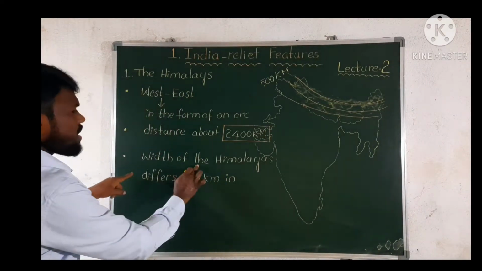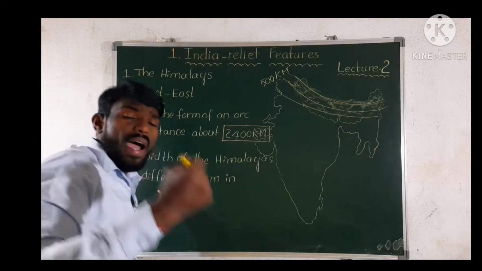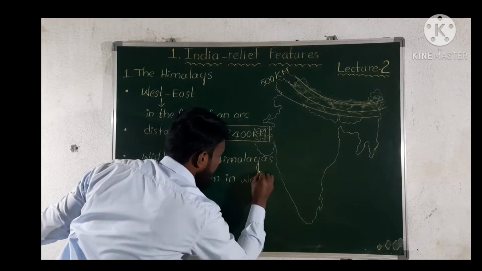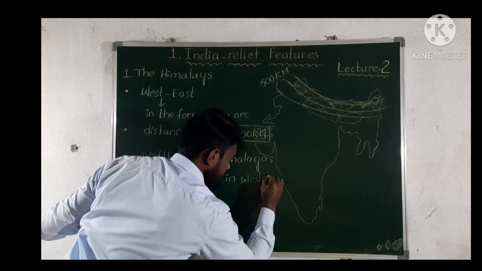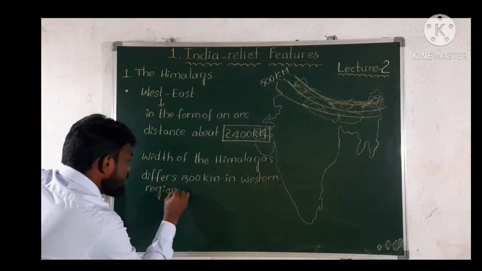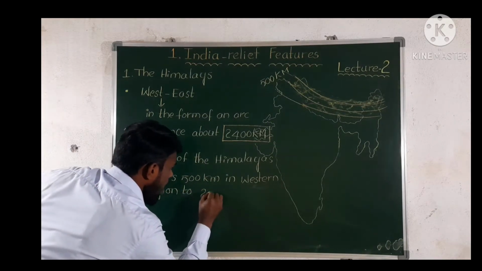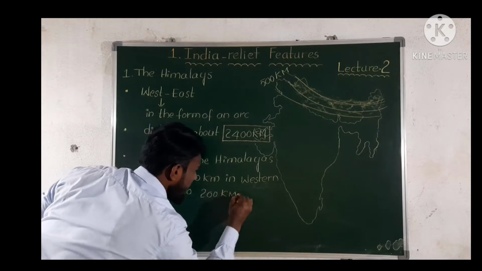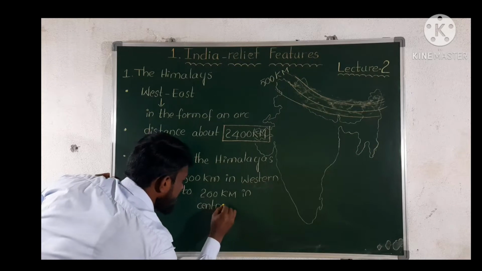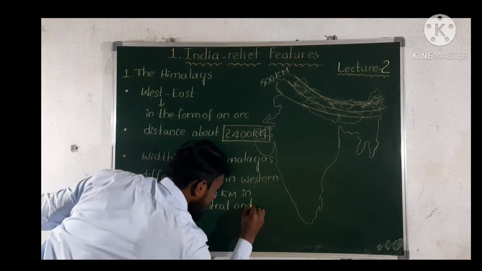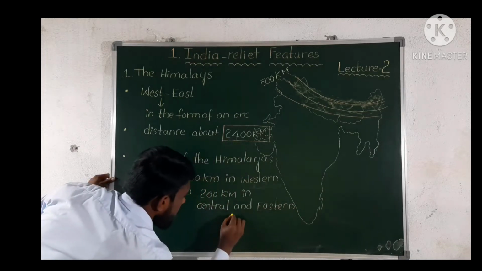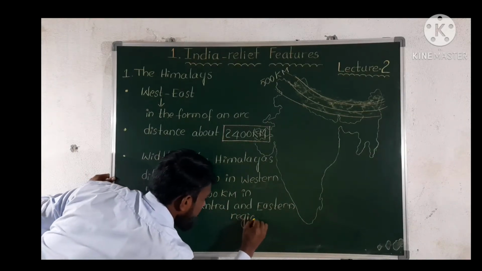Very important: western region 500 kilometers, and 200 kilometers in the central and eastern regions.